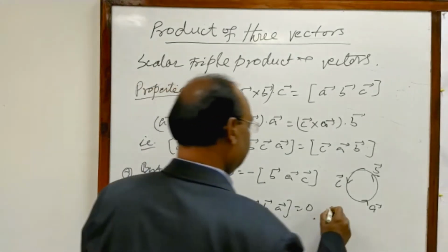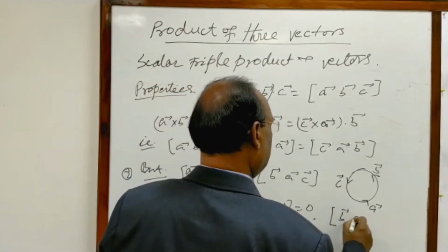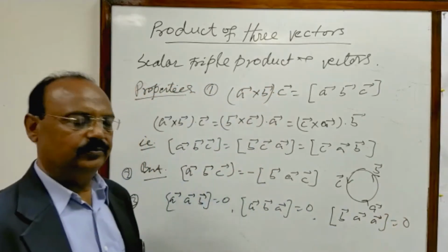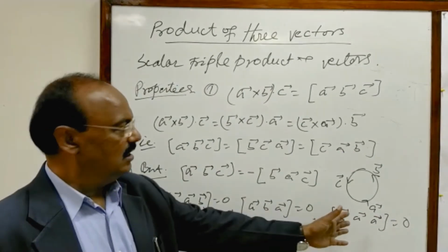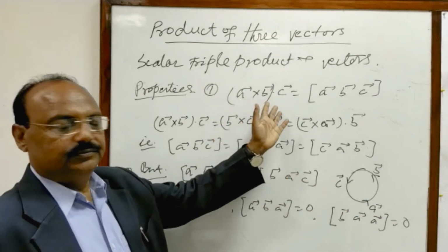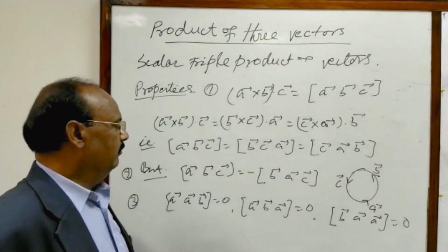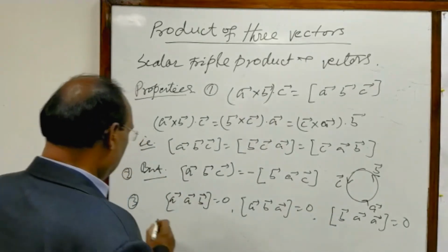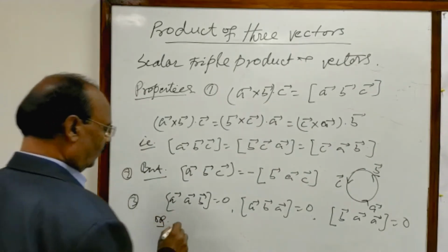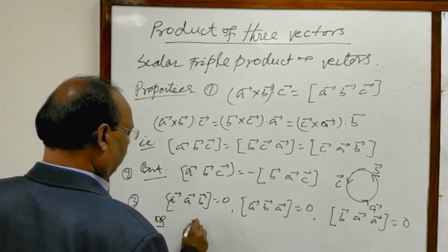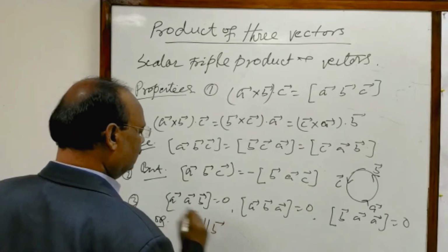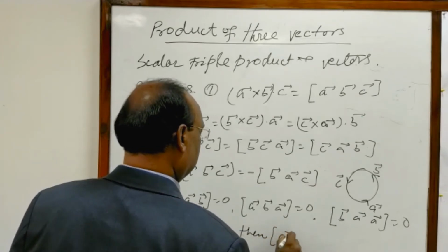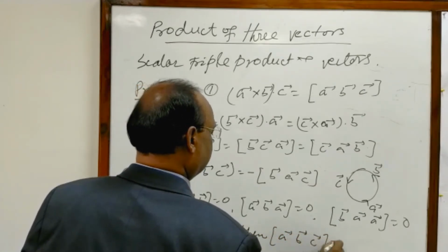We can also write B, A, A is equal to 0. So if any two vectors out of these three are equal, the value of the scalar triple product will be 0. Or suppose vector A is parallel to vector B, then we will get A, B, C equal to 0.